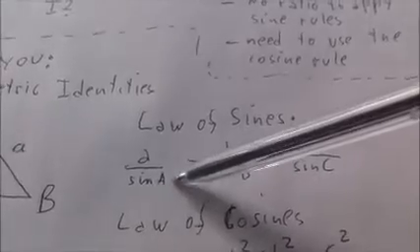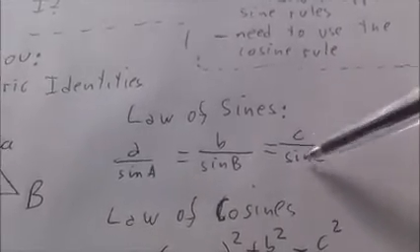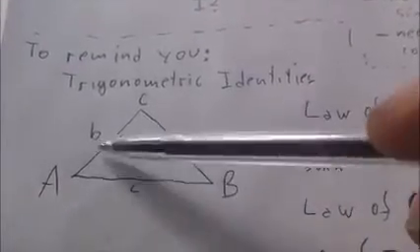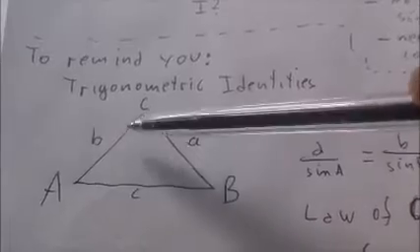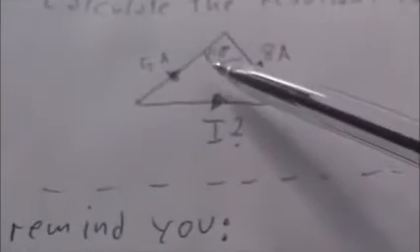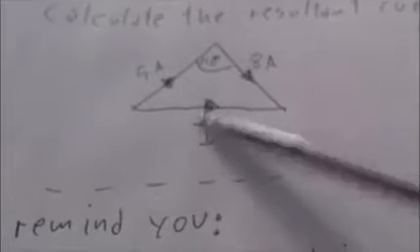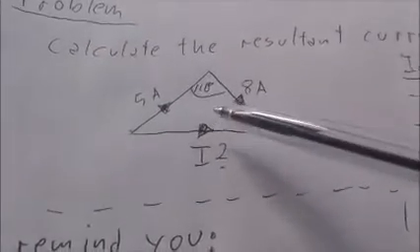The law of sines says a divided by sine A is equal to b divided by sine B, and is equal to c divided by sine C. We can't use this because we do have C as an angle, but we don't know this side here, so we can't use the law of sines at all. We're kind of stuck with that.